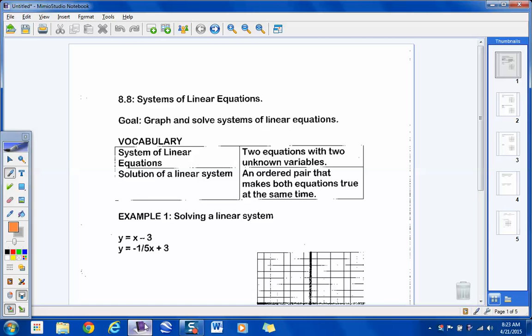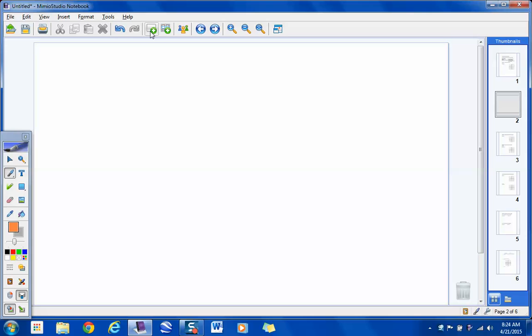Okay. I'm going to put something up here real quickly and see if we can't figure this out. This would be a good problem to think of. Let's just think about this. Here's an example. And you don't have to write this down.